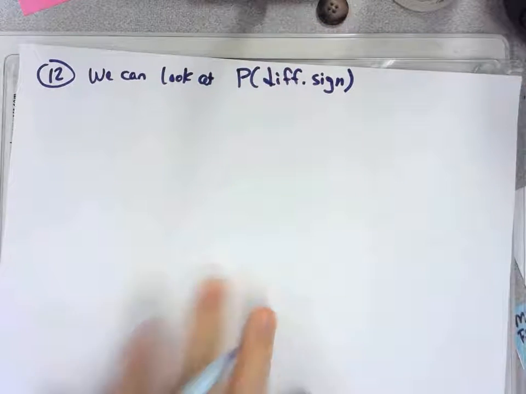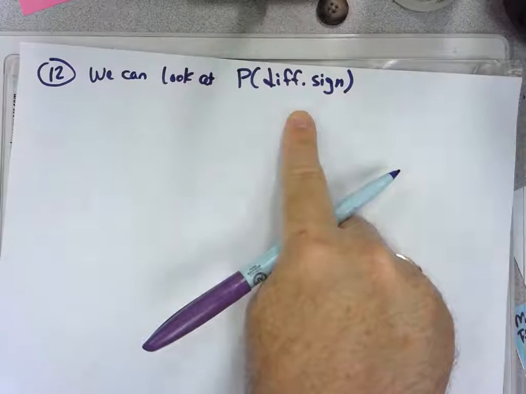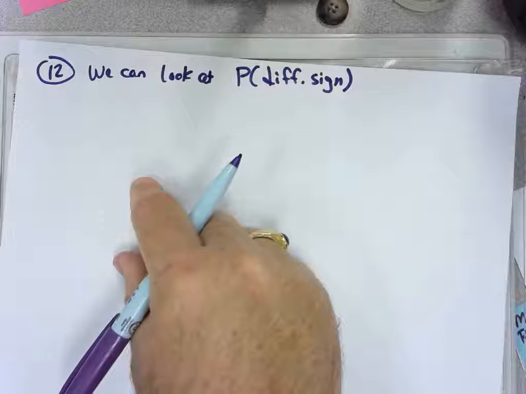And by different sign, that means they have a different birthday month. I kind of reworded the question just in terms of birthday month. But if they have a different month for their birthday, then if I can find that probability, next I can look at the complement of that event, which would mean 2 or more have the same birthday. But it's easier to find this one and then do the complement.